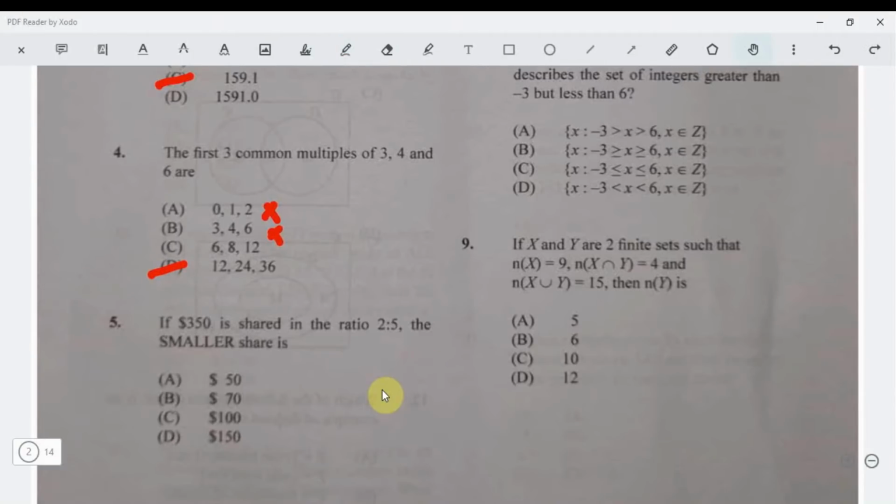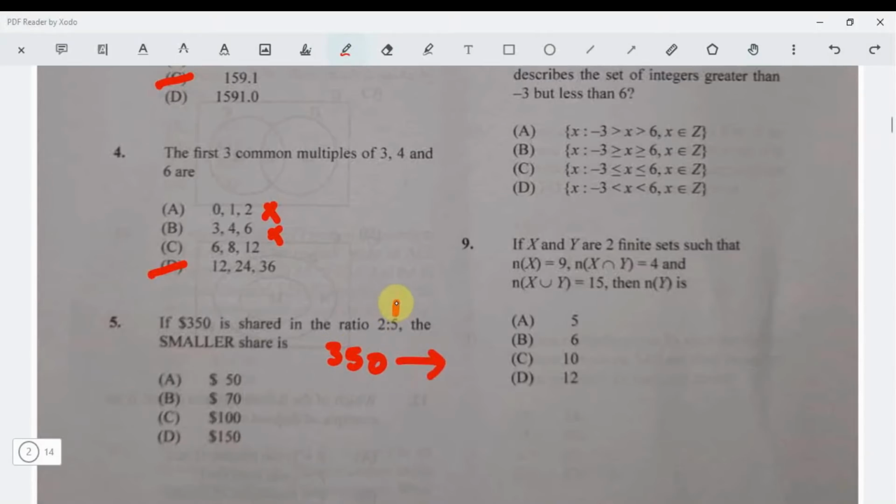Alright, question number 5. It says if 350 is shared in a 2:5 ratio, then the smaller share is. So notice 350 is the total, it's the sum. The sum would be what?